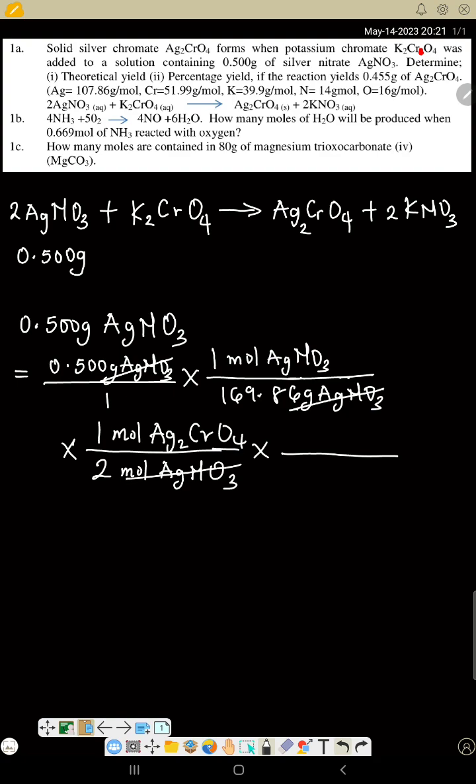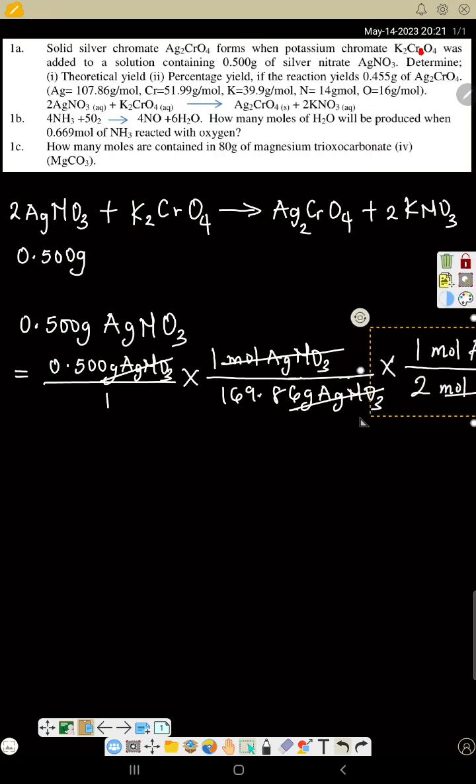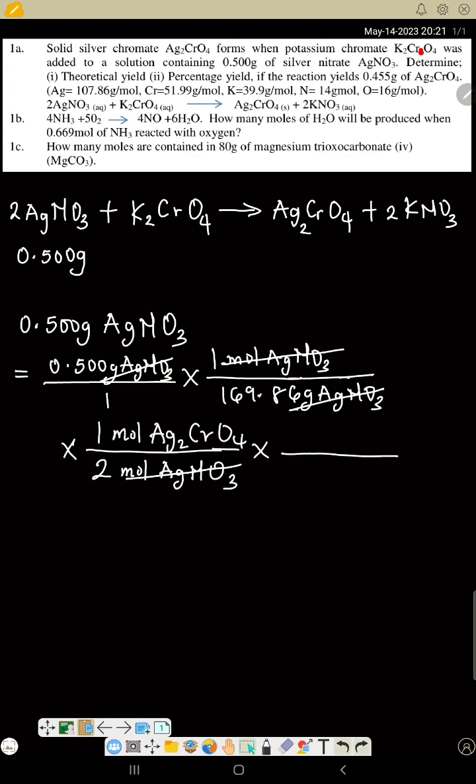So the mole of silver nitrate will cancel the mole of silver nitrate. Remember, I said you can write this on a straight line, so it should look like this. Because of space, that's why I write it here, so that you can actually see the way it cancels. Mole of this will cancel mole of this. Take note. So times.